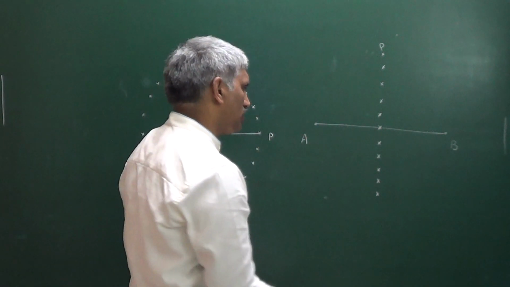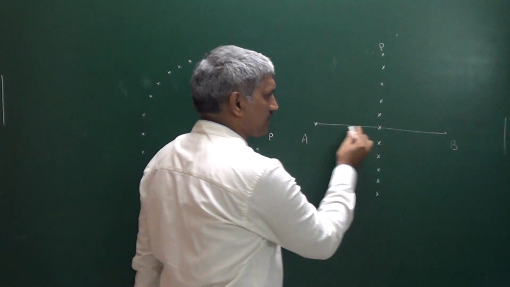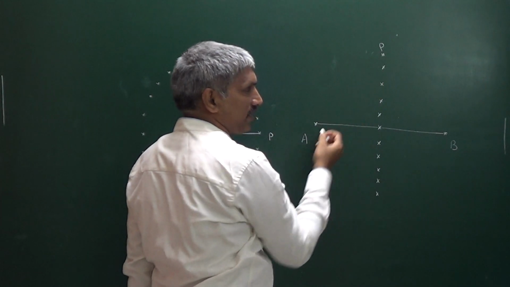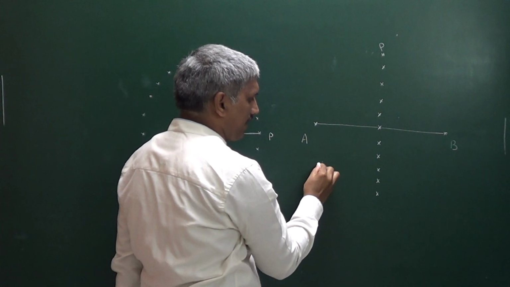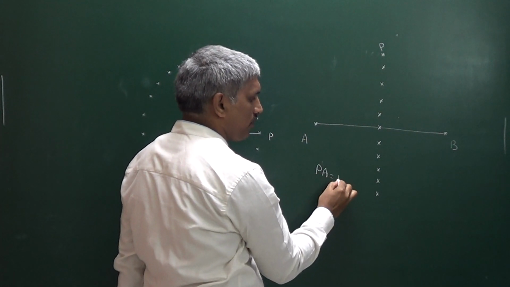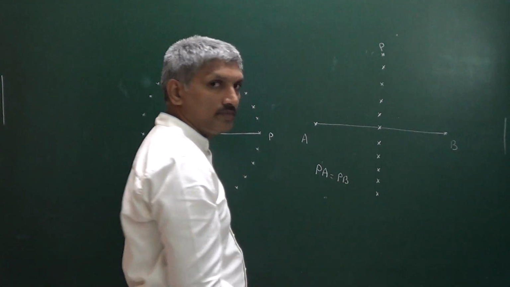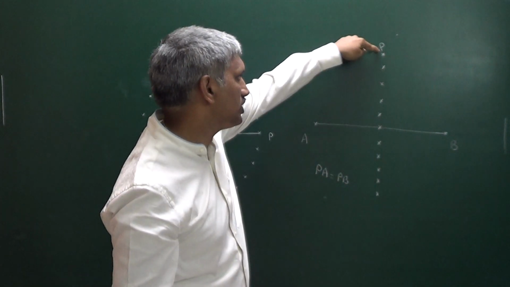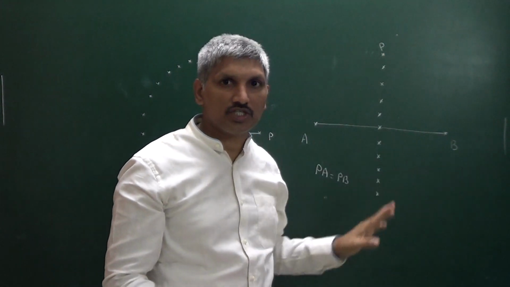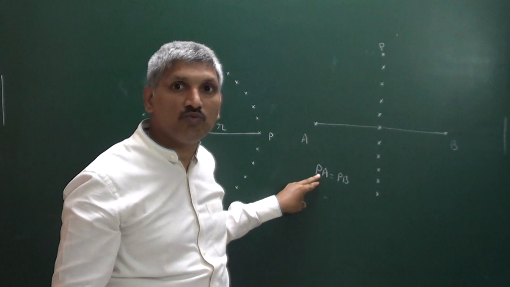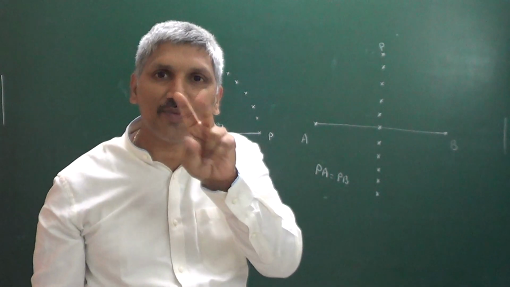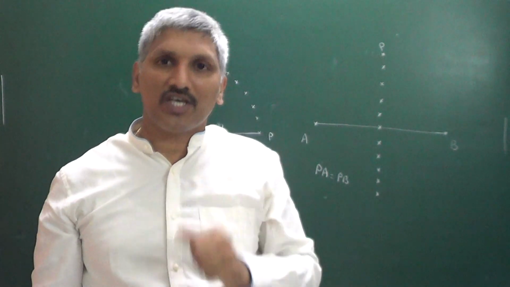Whereas here you can observe, these are two fixed points, and a point P is moving in such a way that PA is equal to PB. This distance is the same as this distance. The point P moves so that its distance from the two fixed points is always equal.